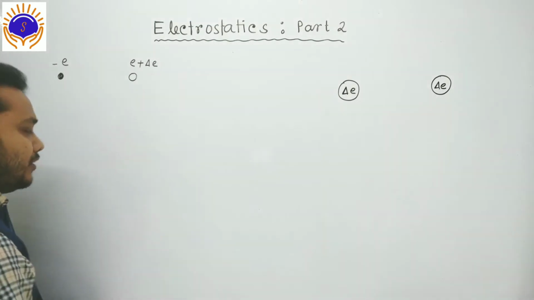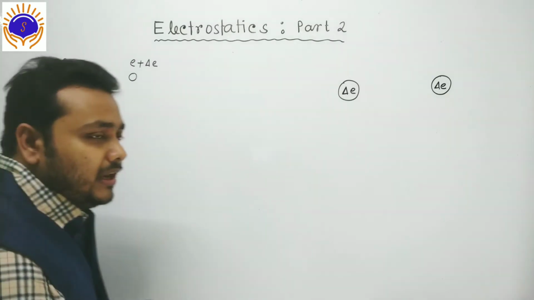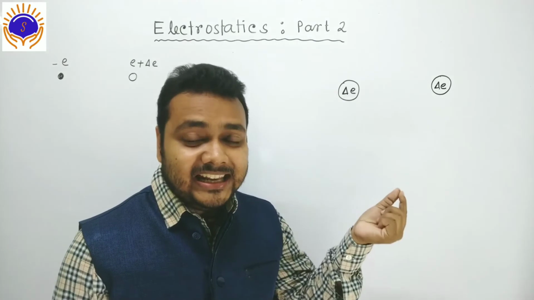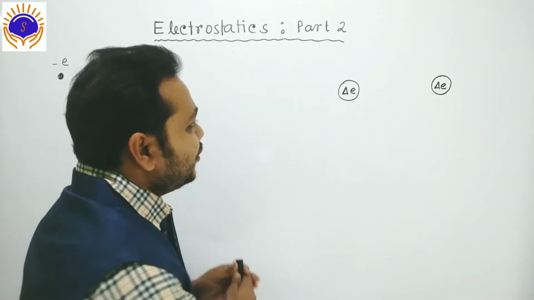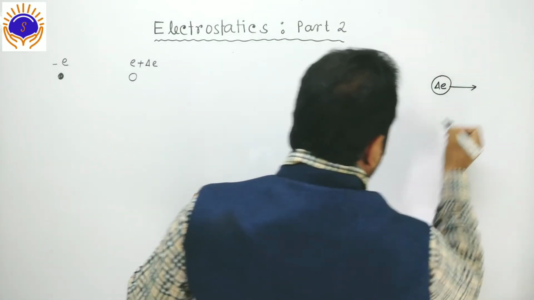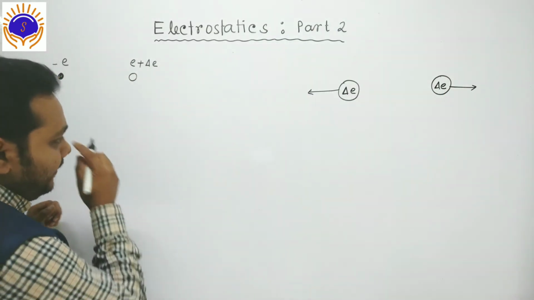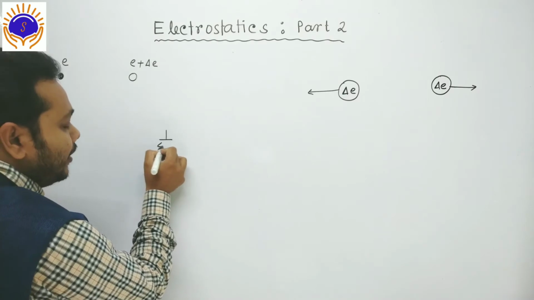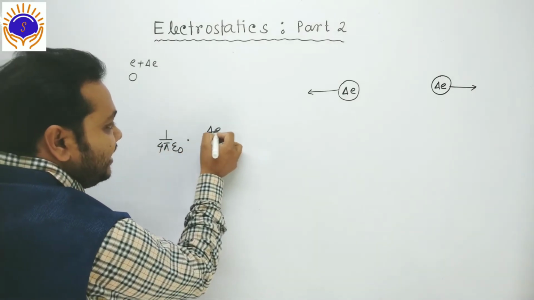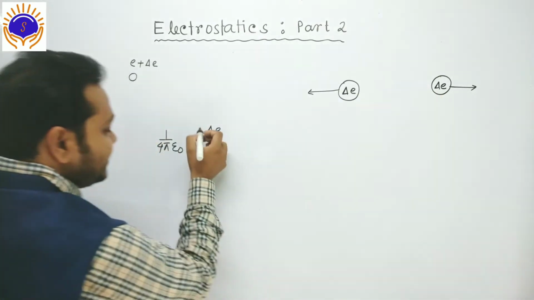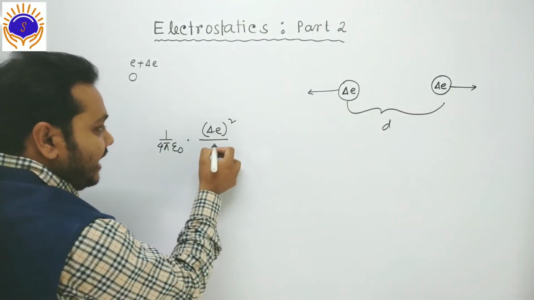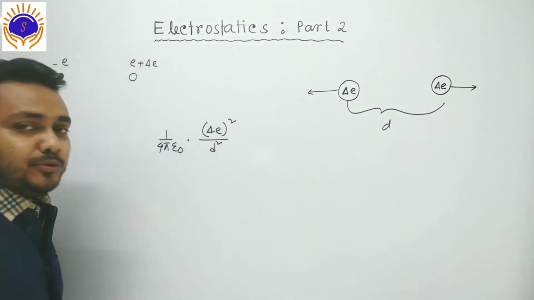Now these two hydrogen atoms will repel each other because they carry the same charge. So they will repel each other and the electrostatic force will be 1 by 4 pi epsilon naught, delta E into delta E, that is delta E square, divided by the square of the distance between them.